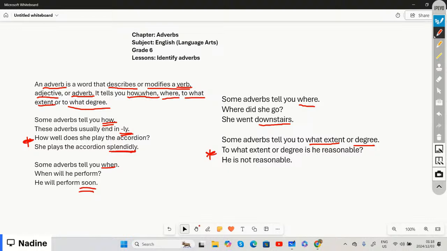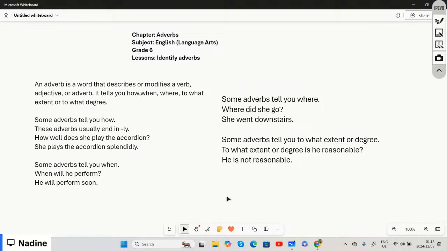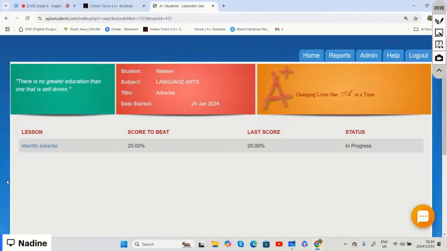All right. So now we're going to aplusstudents.ca, and we're going to identify adverbs.